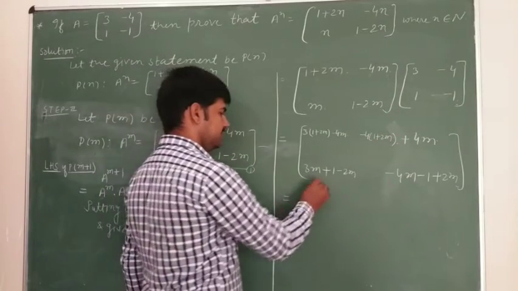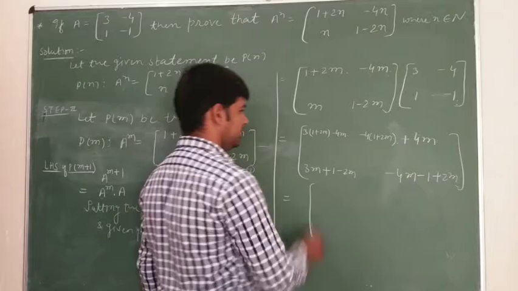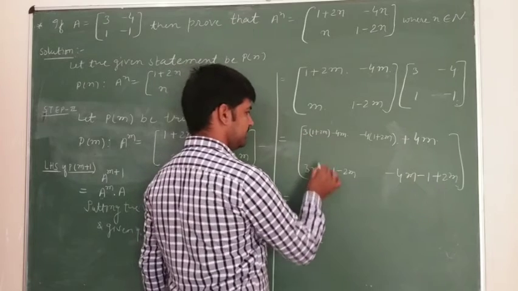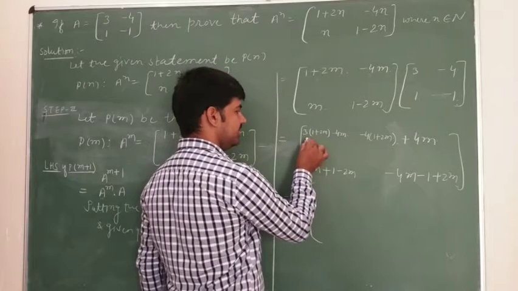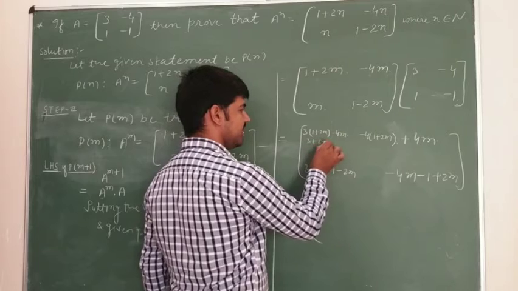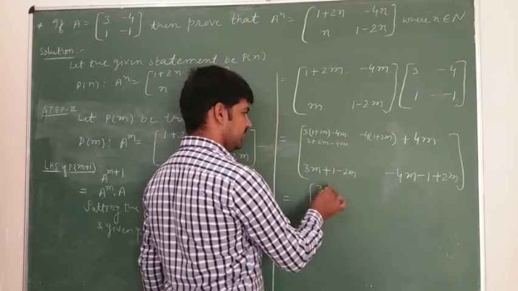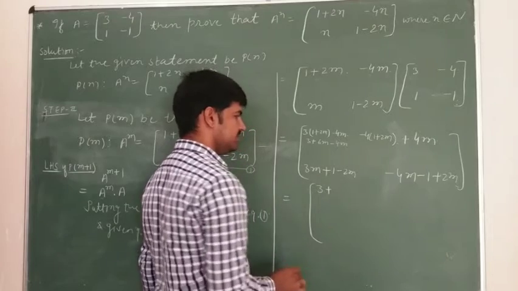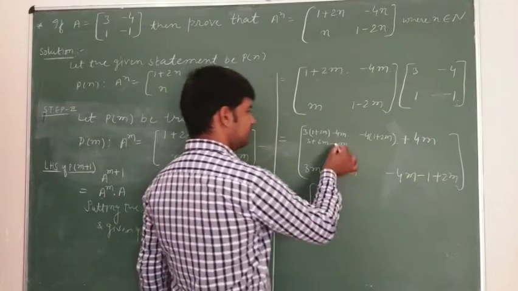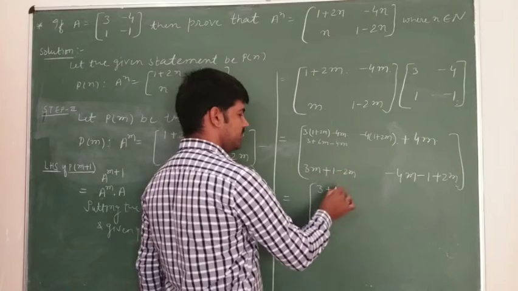Now this is equal to, simplifying here, 3 plus 6m minus 4m, so we get 3 plus 2m.